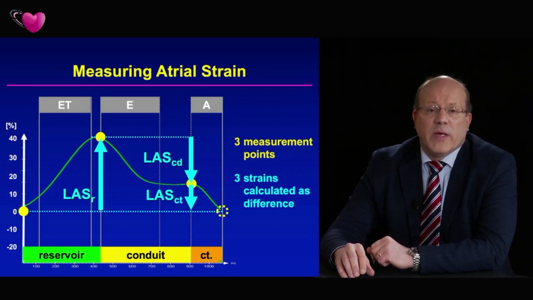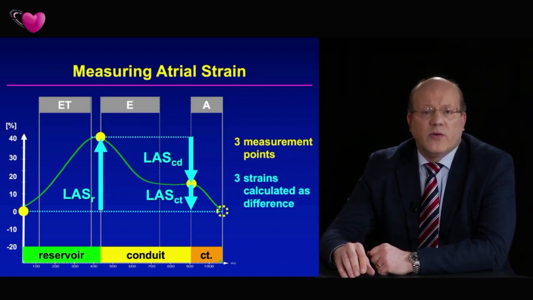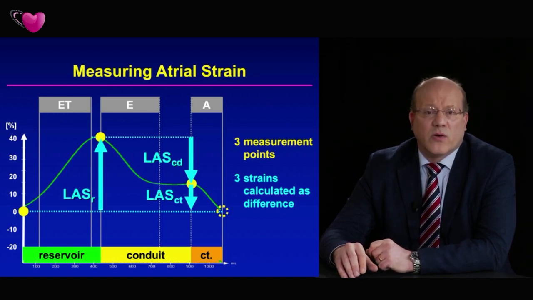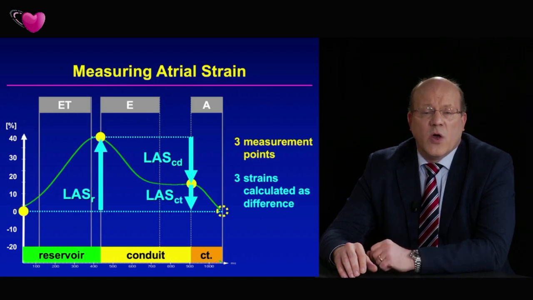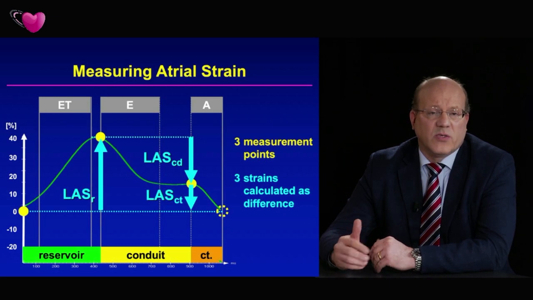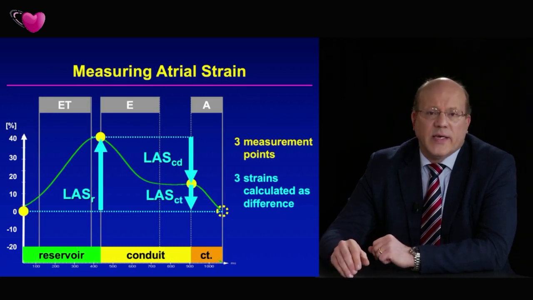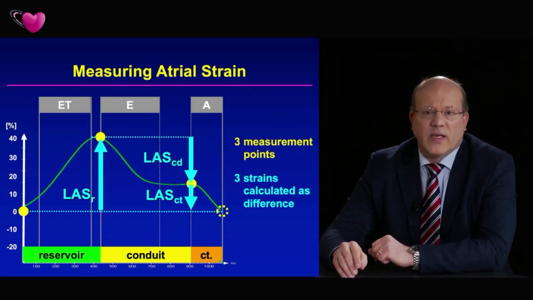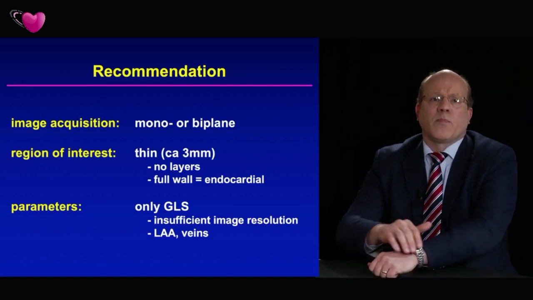So you see, in that way, we have positive values in the reservoir phase, and we get negative values in the conduit and the contraction phase. And this is also the meaning of it, because in the first phase, the atrium gets bigger, so it should be a positive value. And in the other phases, it gets smaller, so the values should be negative.